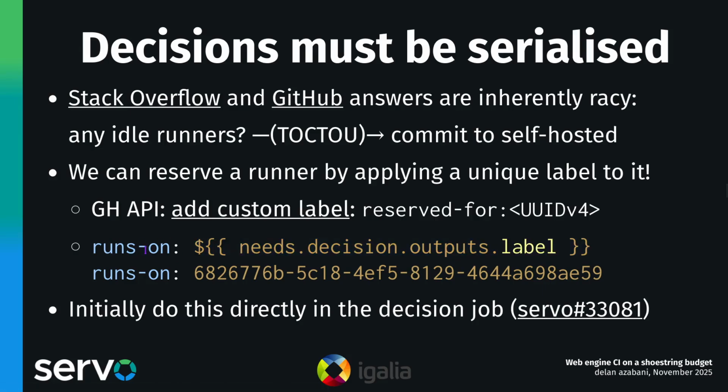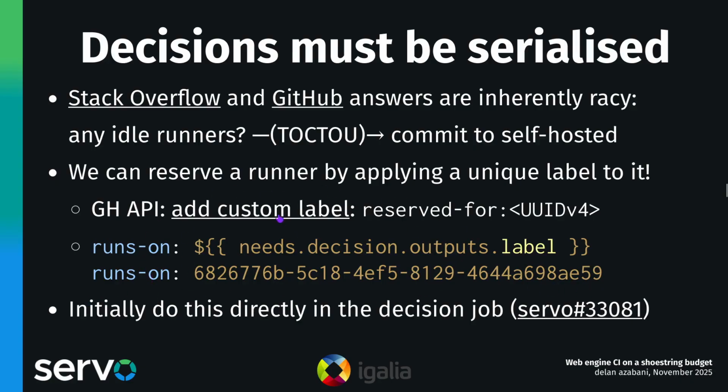Instead of a general runner label, it can tie itself to this specific uniquely identified runner label. And we did it this way initially because it allowed us to do it inside the decision job at first.